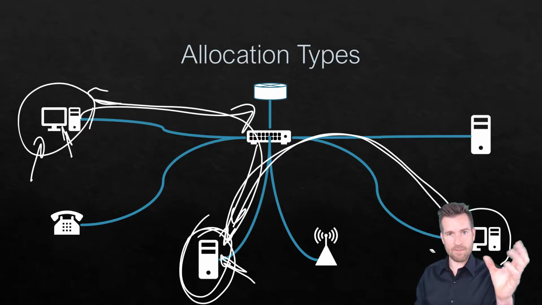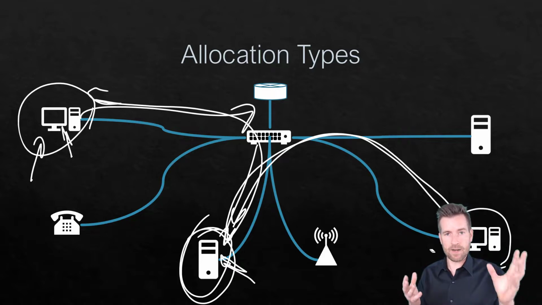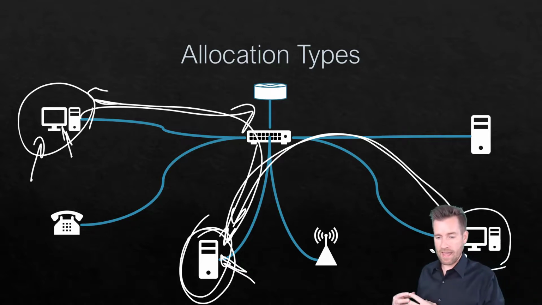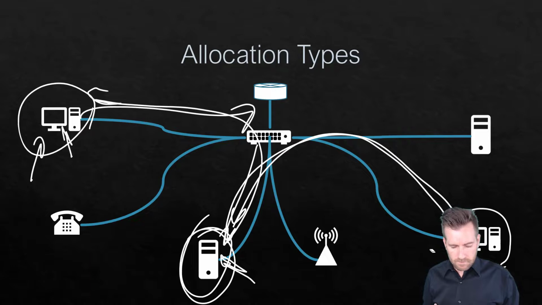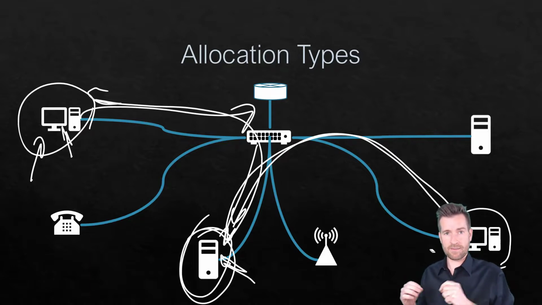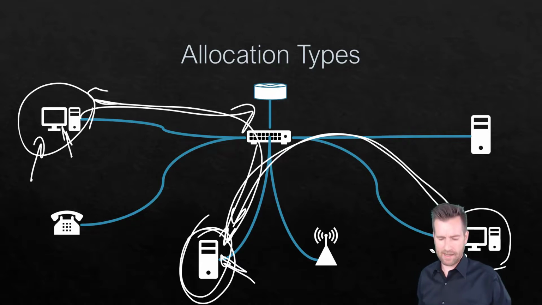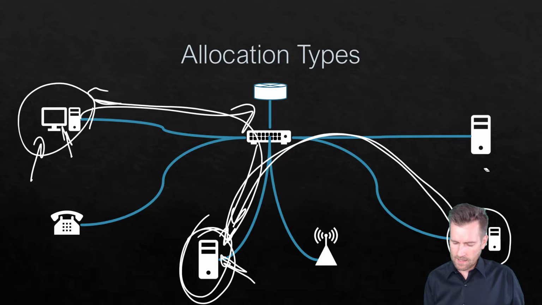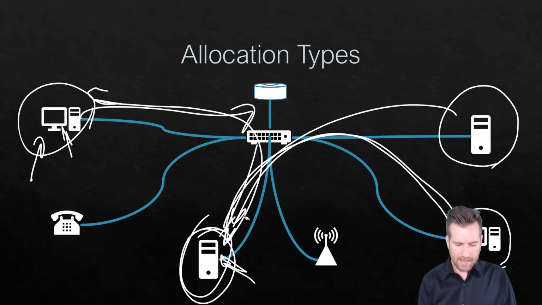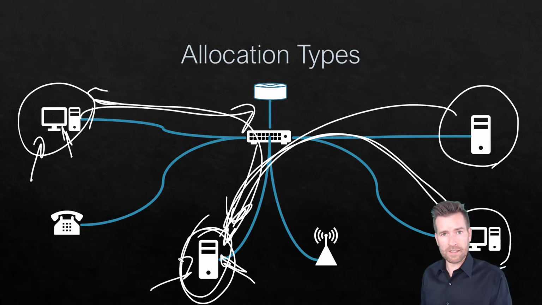So we have dynamic, which is just given any IP address within the range. We have a reservation. So the reservation is something that's specific to the MAC address. So when that MAC address connects, it's going to get that same one. And then we have an automatic. And so an automatic says that when devices connect, it will get an IP address, but this server is going to record the MAC address that's getting that IP address.